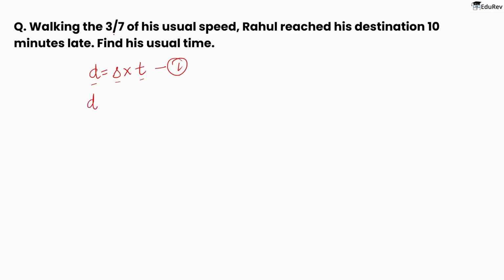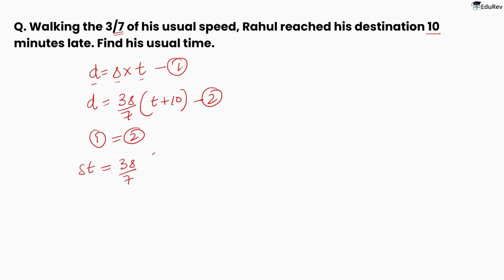According to the question, when Rahul walks at 3 by 7th of his usual speed, he will reach 10 minutes late, which will give us d equals 3s by 7 into t plus 10. Take it as equation number 2. Now equation 1 and equation 2 are equal to each other, so we will equate them, which will give us st equals 3s by 7 into t plus 10.